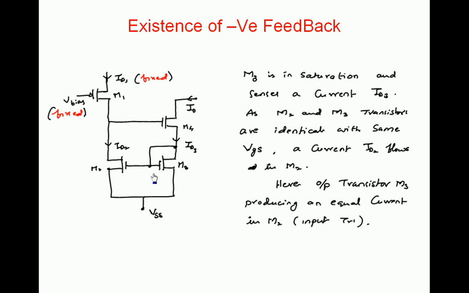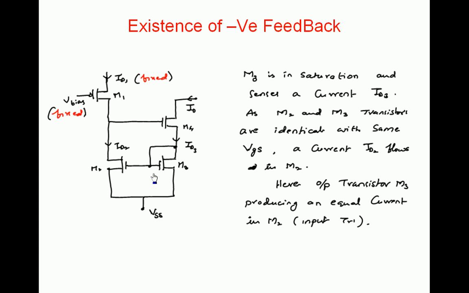So it is the opposite case, and the output current influences the input current. So a part of the output is making the input current, and that is nothing but feedback. A part of the output is fed back to the input side. In the same way, output current gives rise to input current.